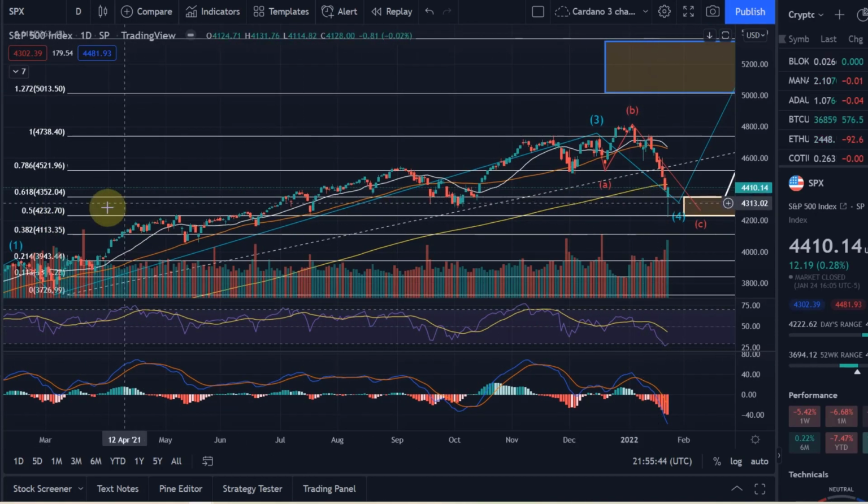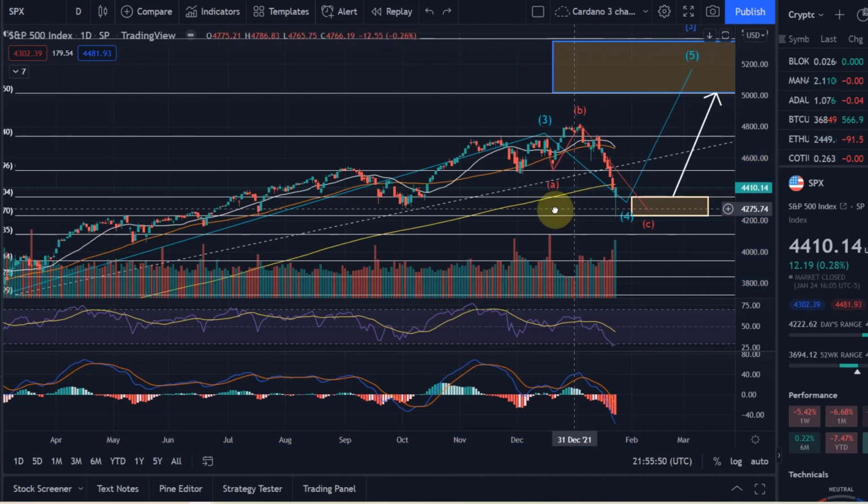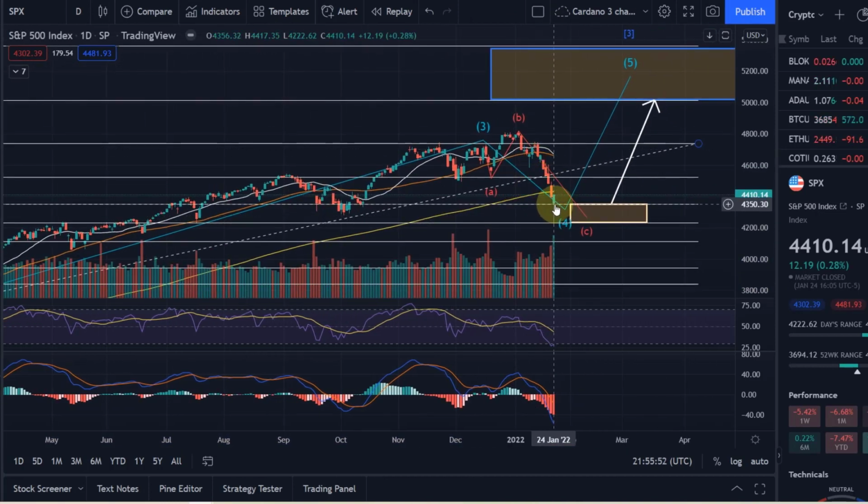It's now back above the 0.382 Fibonacci level, so there was indeed a strong reaction. Normally in a downtrend that can mean it actually drops further, but the fact that it works very well together with the Elliott Wave count and also the ABC here, I'm actually quite positive that we could now see rising prices over the next few days and weeks.